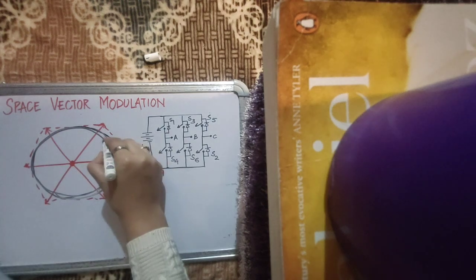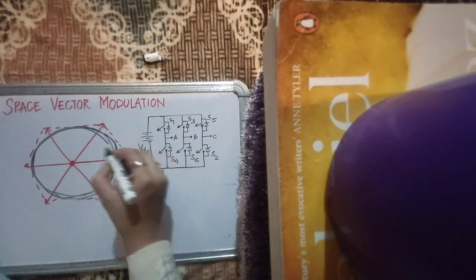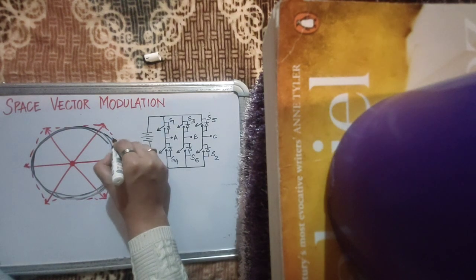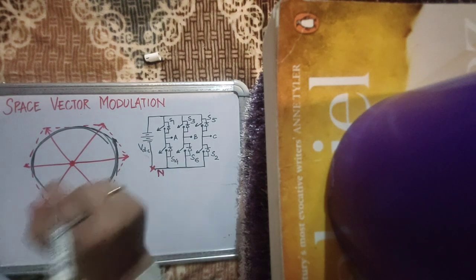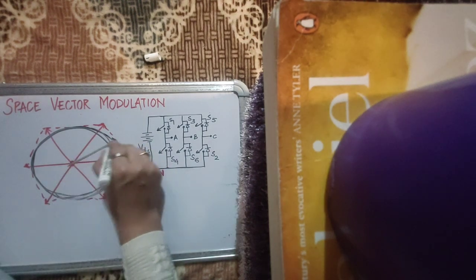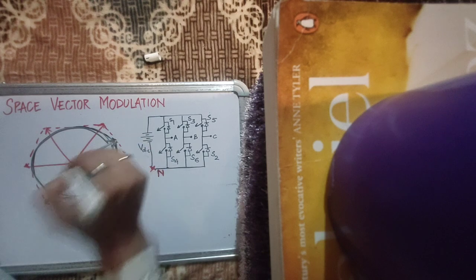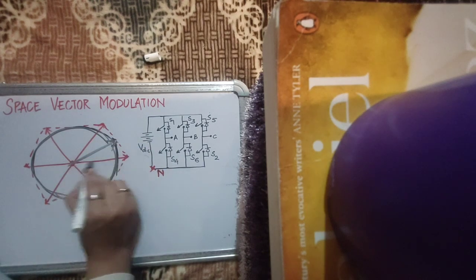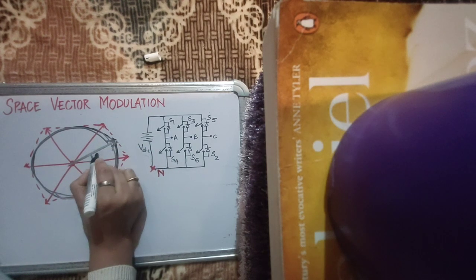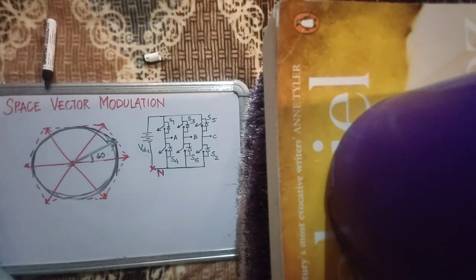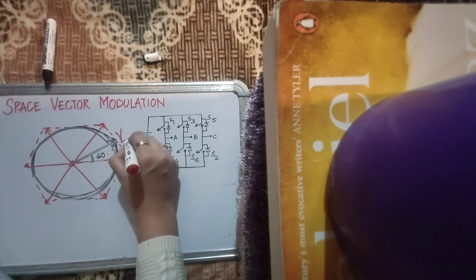Now, what is the biggest value of this hexagon? That is the radius of this hexagon. It is touching it here, right? What is this value? What is the radius of this hexagon? This value is 2/3 VDC and this is 30 degrees. So the maximum value, let's call it say V max.